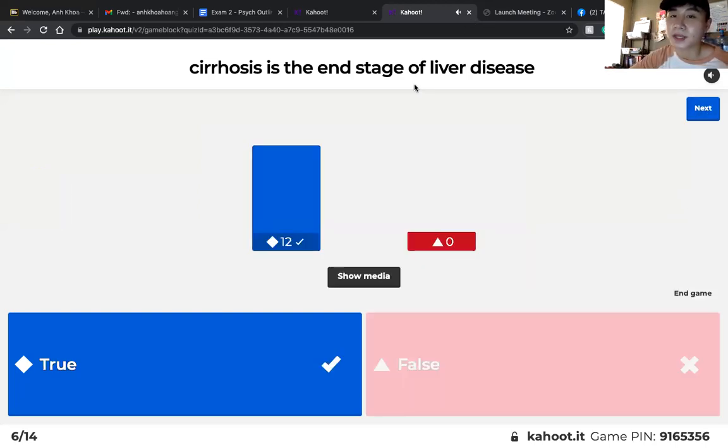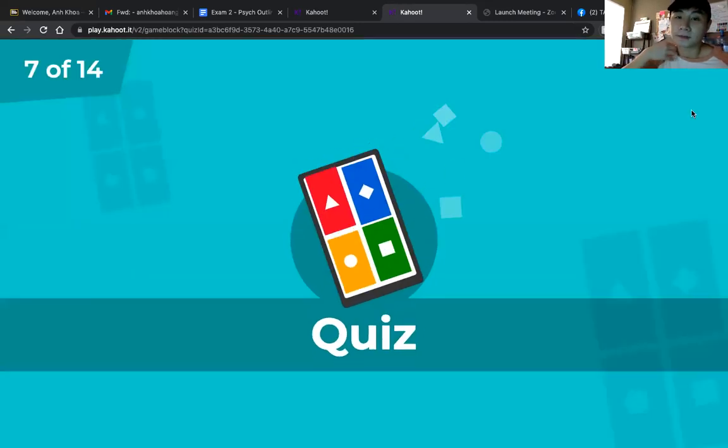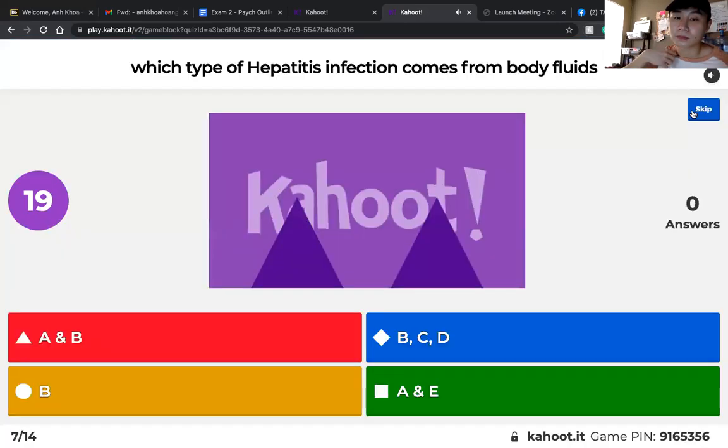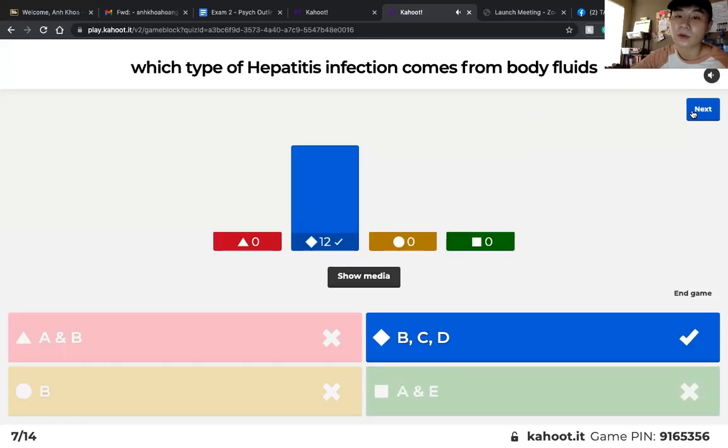Perfect. Cirrhosis is the end state of liver disease where the liver is replaced by fibrosis cells, where it's just like scarring on the liver. And hepatitis is acute. Perfect.